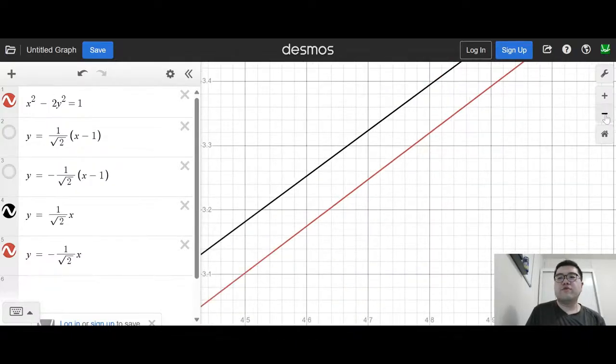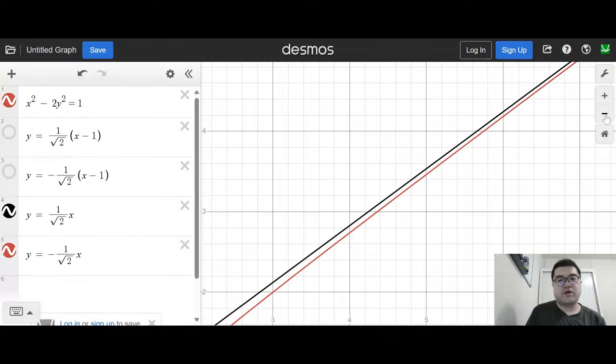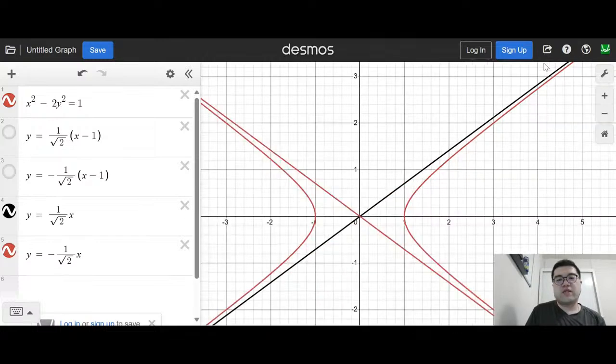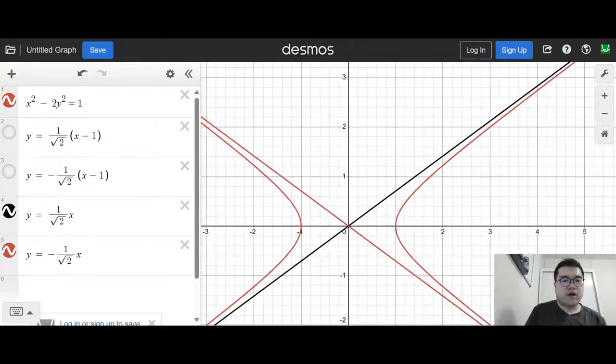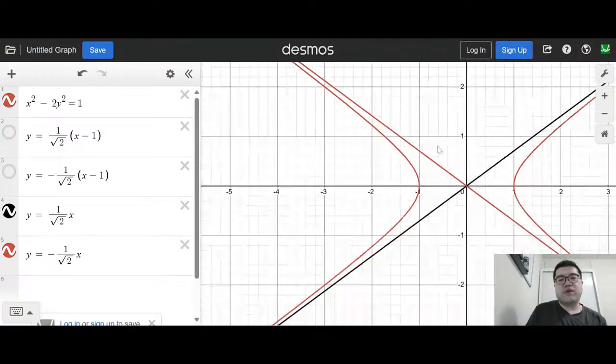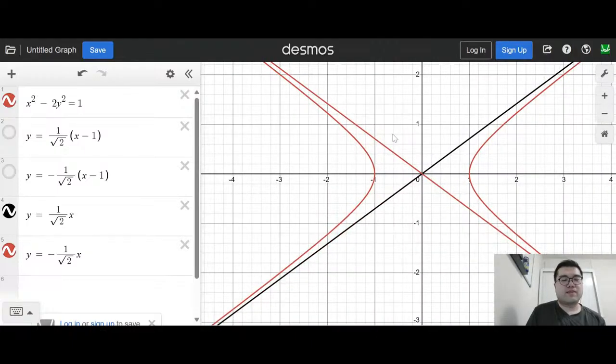It will get closer and closer, but it will never touch the curve, meaning that these two linear asymptotes, y equals plus or minus 1 over square root of 2 times x, have no intersection with the curve that we have.